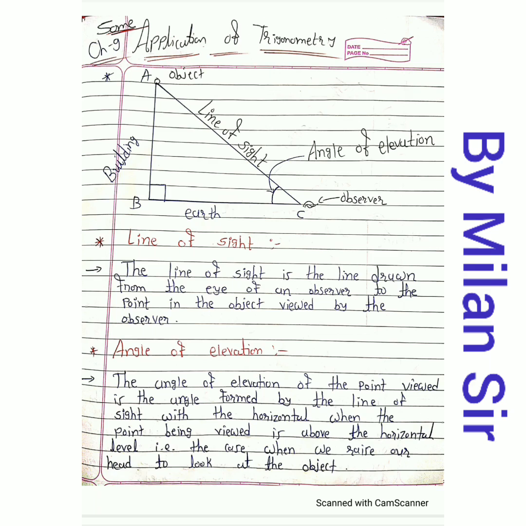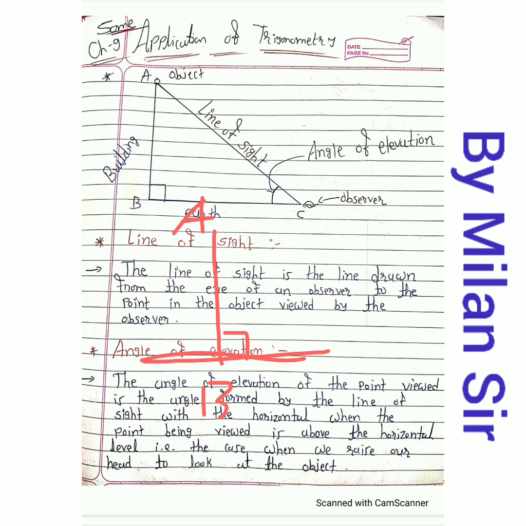to be formed. So for that we assume that our building, street light, all these things are straight, meaning we consider them perpendicular with the earth. A building AB makes 90 degrees with the earth. If AB is a pole, then we can assume that it is perpendicular with the earth.